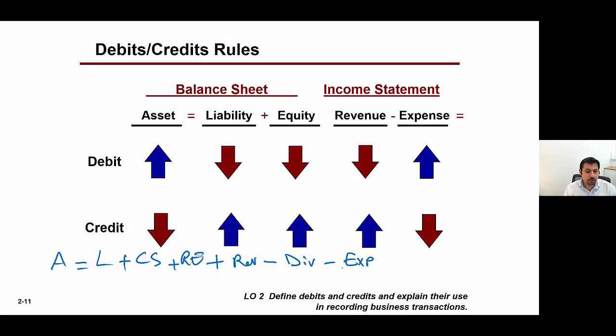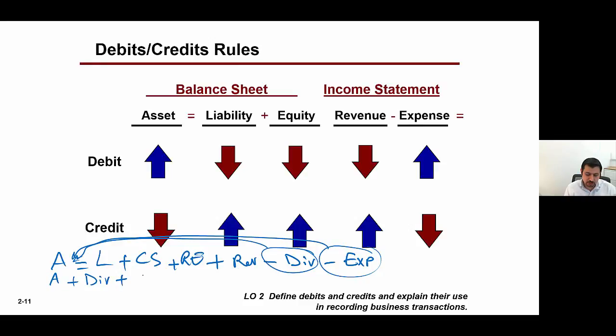Now let's put all the items in positive. The dividends we bring to the other side of the equation, and we do the same thing for expenses, and we end up with assets plus dividends plus expenses equal liabilities plus common stock plus retained earnings plus revenues.